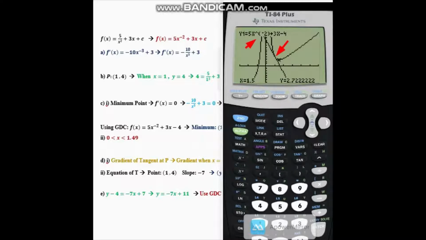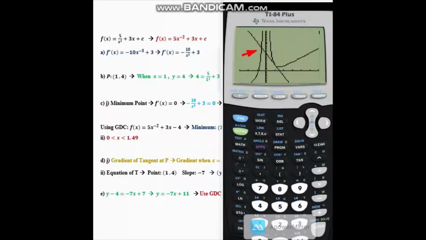So I shall just increase my window a little bit vertically to be able to see better. So y max shall be 25 maybe instead of 15. If I click on trace, I shall get a better image. There is your curve, there is your tangent, and we want to find the point of intersection right there.